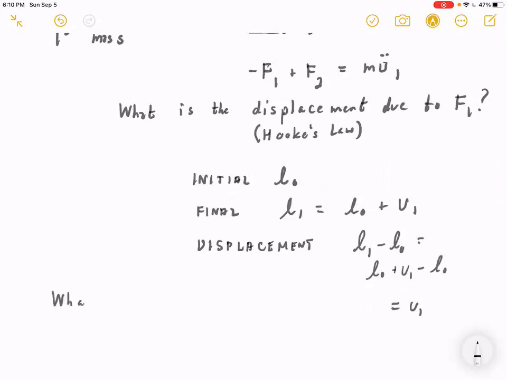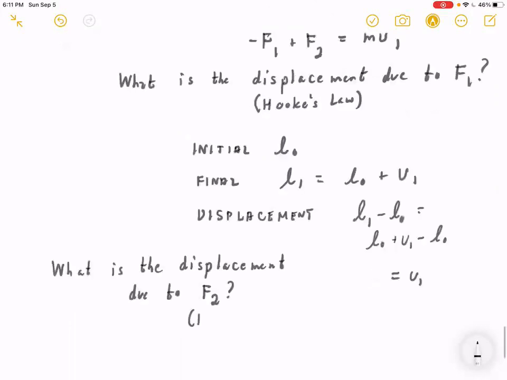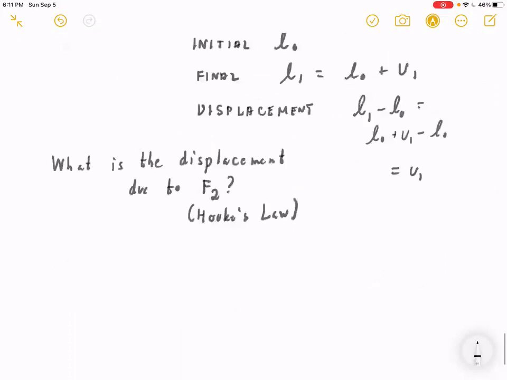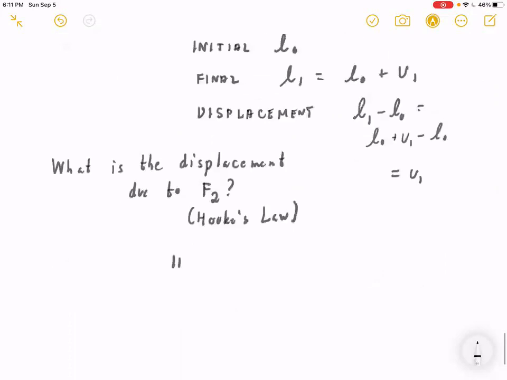Next, still with the first mass, what is the displacement due to F sub 2? Again, Hooke's law is in play. So the initial position, again, is L0.